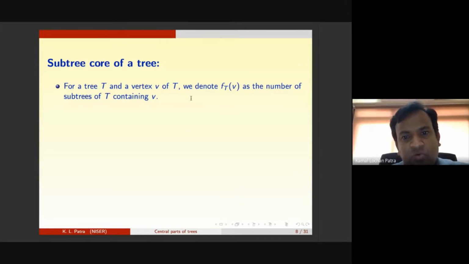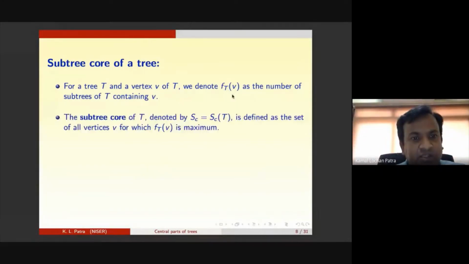Now, for every vertex V, F_T(V) is defined as the number of subtrees of the tree containing V. So the subtree core of a tree, denoted by SC(T), is defined as the set of all vertices where F_T(V) is maximum.